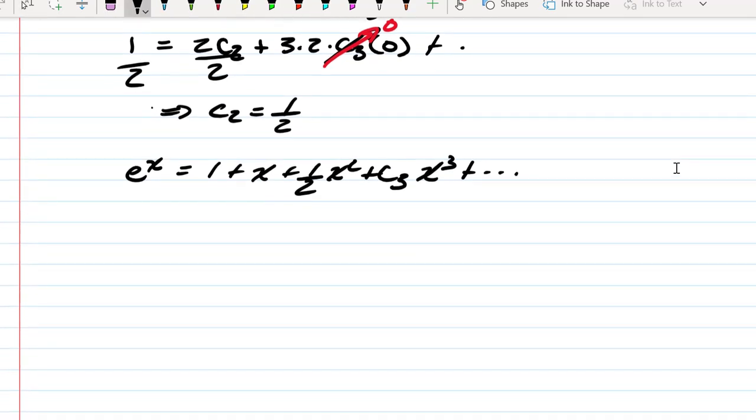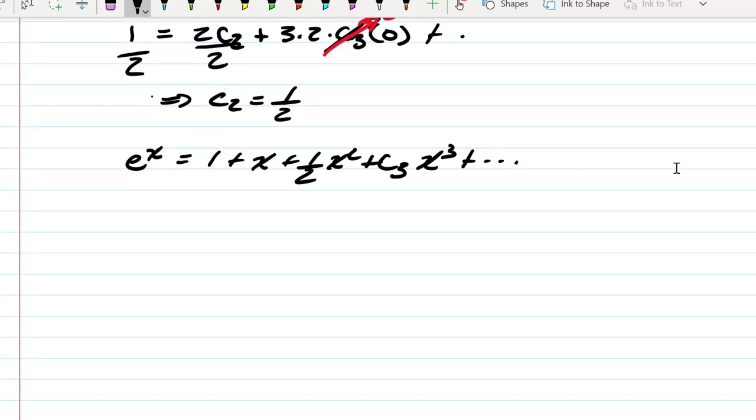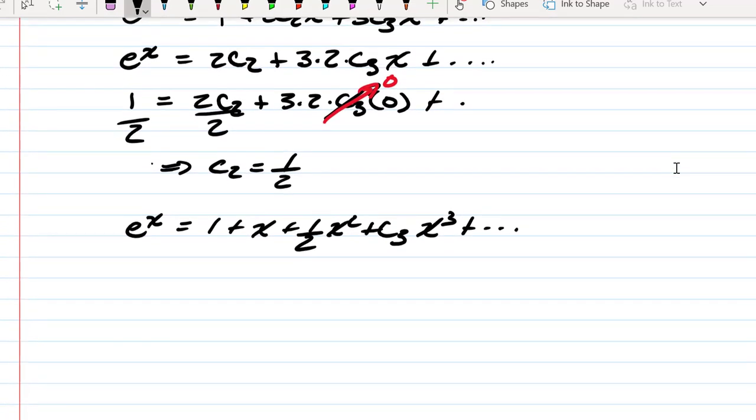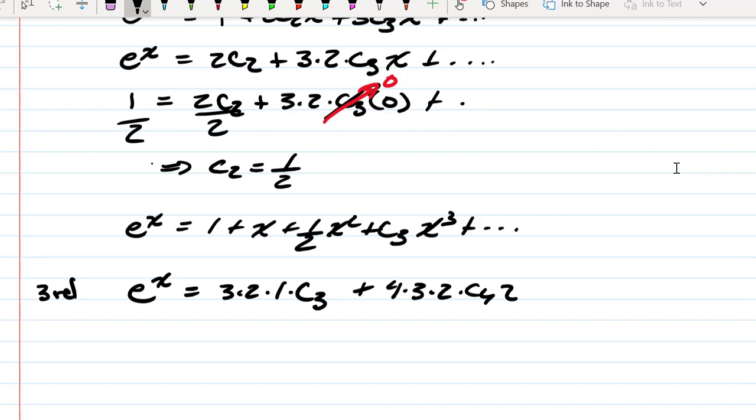If we take a few more derivatives, we know from this line that the second derivative of e to the x had the term 2c2. So if we take another derivative, our third, we're going to get e to the x on the left. The derivative of a constant is 0, and that is going to give us 3 times 2 times 1 times c3 plus 4 times 3 times 2 times c4x plus our higher order terms.